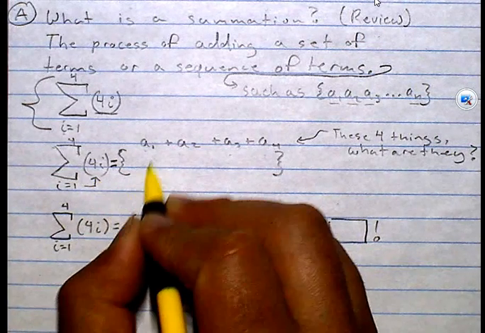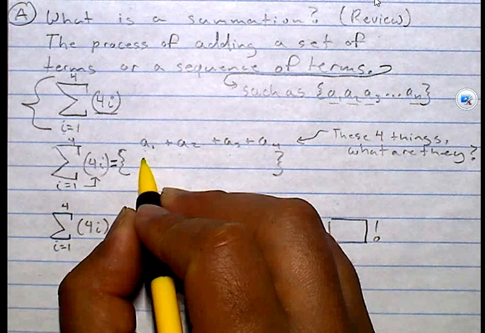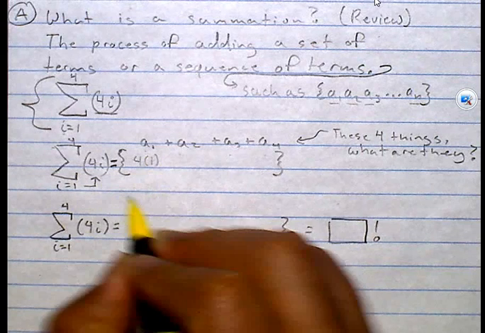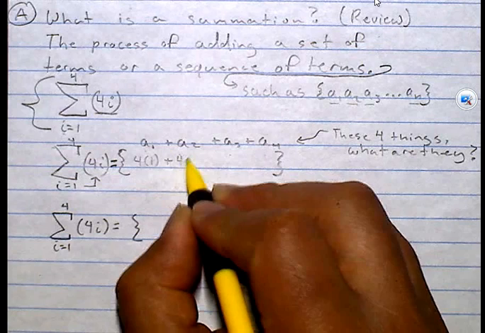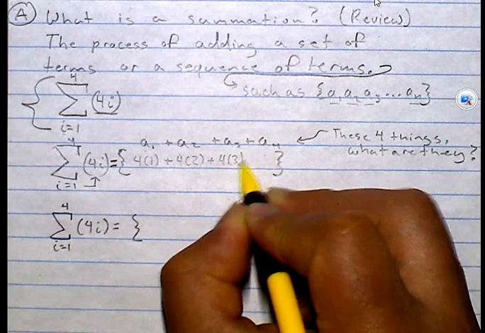So basically, I'm going to start by plugging in 1. That's 4 times 1. Plugging in 1 for i, and then 2 for i, and then 3 for i, and then 4 for i.